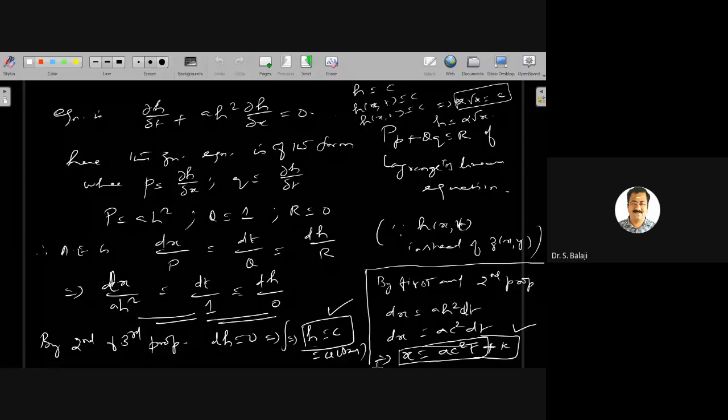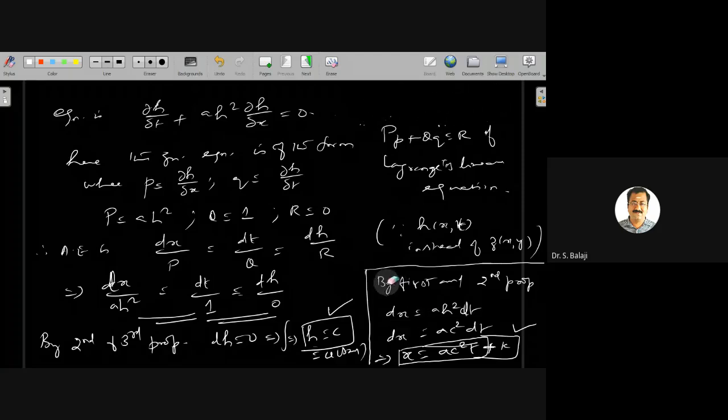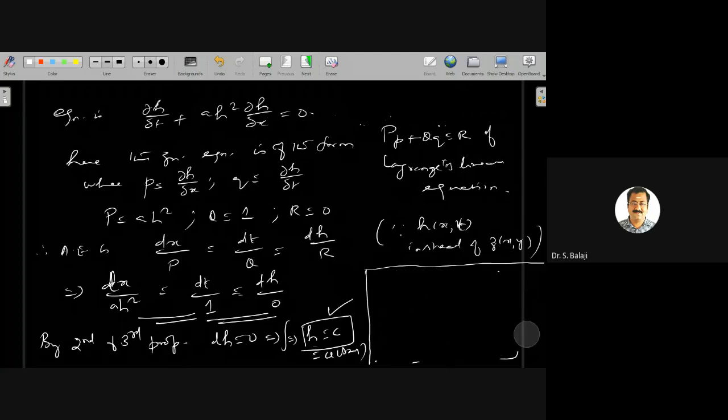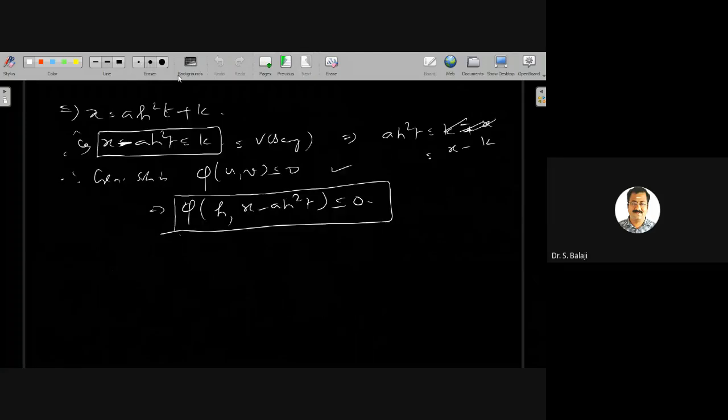Before finding this, you can write it like this: you can apply the initial condition before applying the first and second proportion idea.